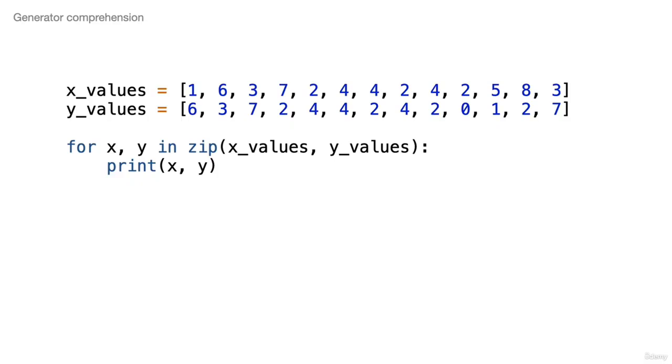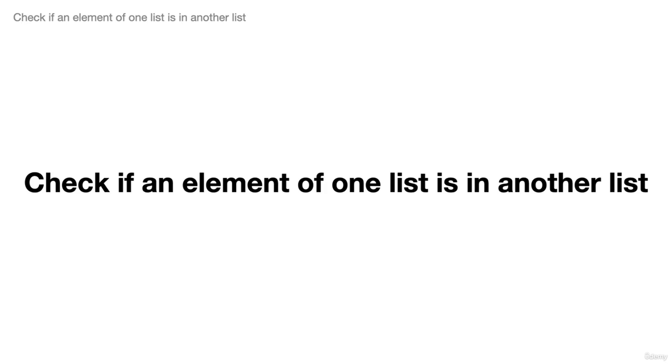A generator expression also behaves like this and has some very nice use cases. Let me show you the first one. Check if an element of one list is in another list. As you remember, this was very easy to do with sets. But to check if an element from one list is in another list, you have to combine a few things you have already learned.